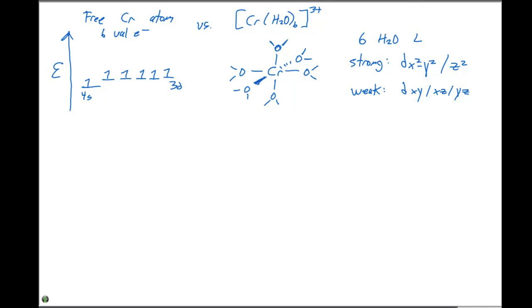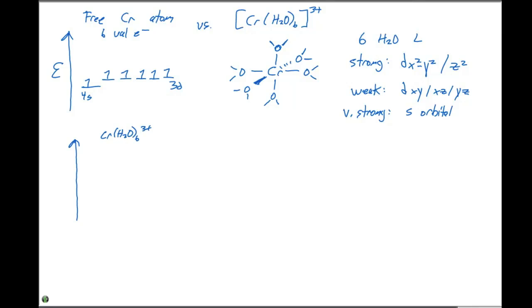In terms of the s orbital interaction, we're going to have a very strong interaction with the s orbital. And remember, these are repulsions because we're looking at the electrons on the ligand interacting with electrons in the transition metal.